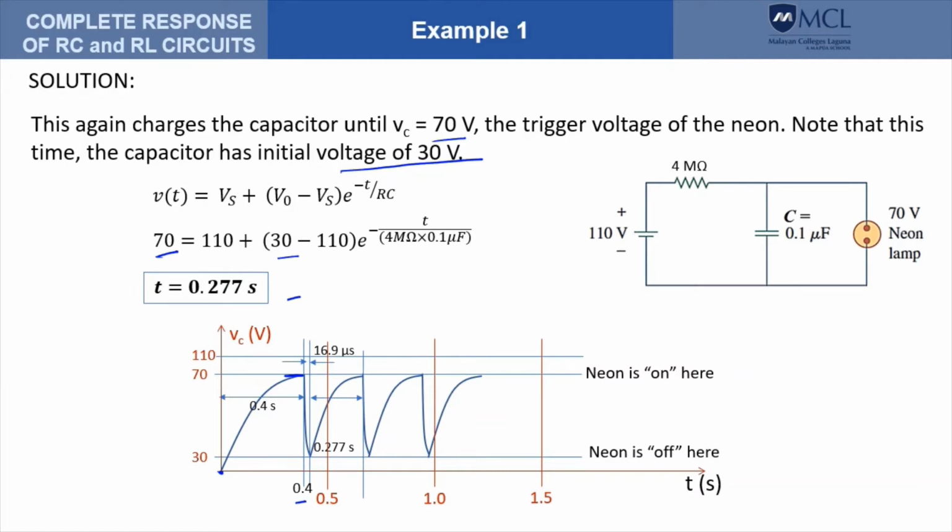And then the neon lamp fires, it discharges from 70 to 30 in just 16.9 microseconds. And upon reaching 30 volts, the neon lamp opens. The capacitor again charges up to 70 volts in 0.277 seconds. Okay, and the cycle repeats.